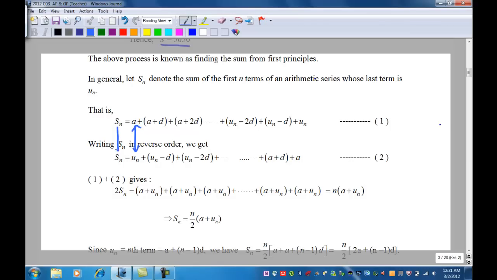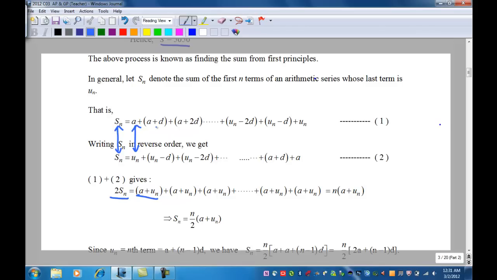On the left hand side, when we add the two Sn's together, we get 2Sn. On the right hand side, the first two terms added give us a plus u subscript n.